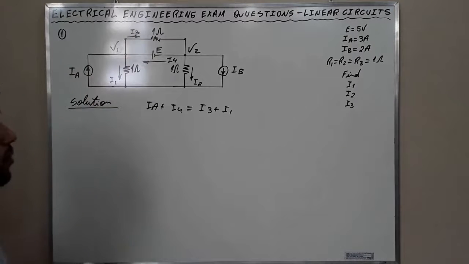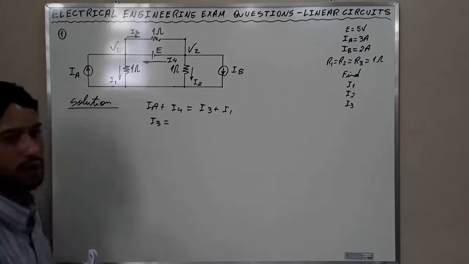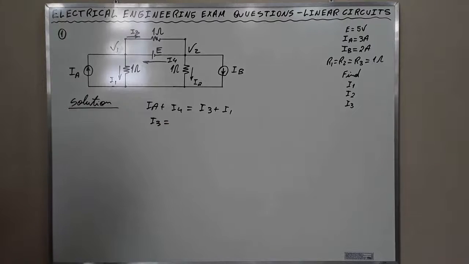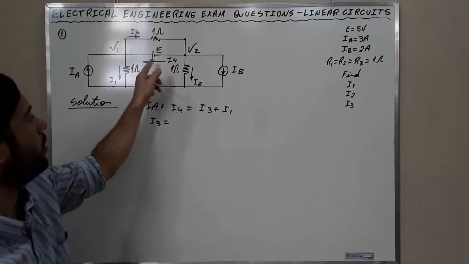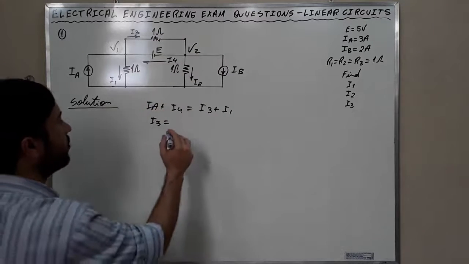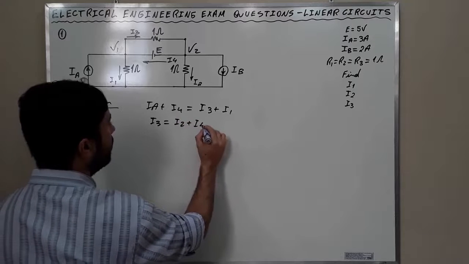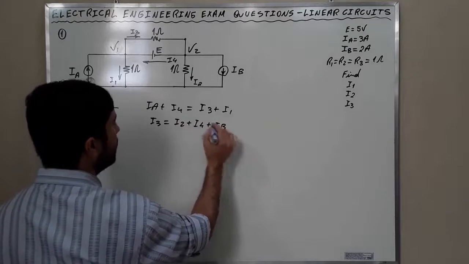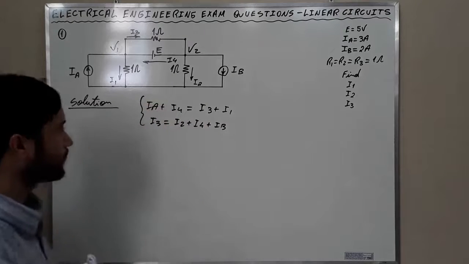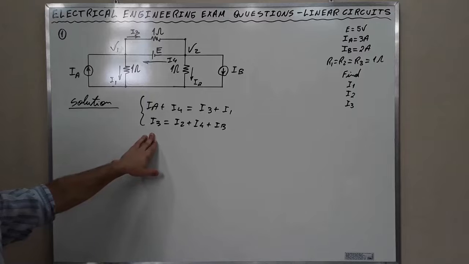I3 enters the node, and what are the currents that leave the node? I4, IB, and I2. So I3 is equal to I2 plus I4 plus IB, okay? We have written this in terms of current.